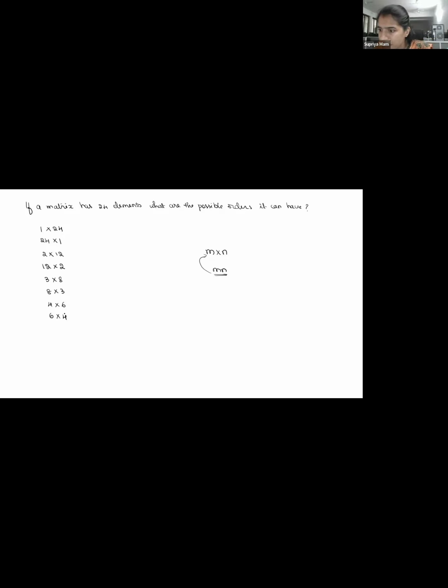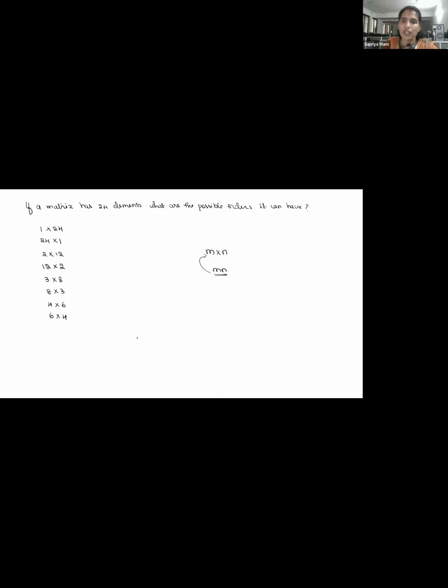Very good. Whenever a matrix has 24 elements, possible orders are 1 by 24, 24 by 1, 2 by 12, 12 by 2, 3 by 8, 8 by 3, 4 by 6, 6 by 4, altogether 8. Nagaratna, there are 8 different possibilities.